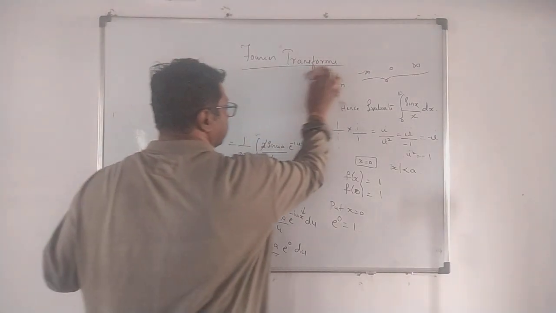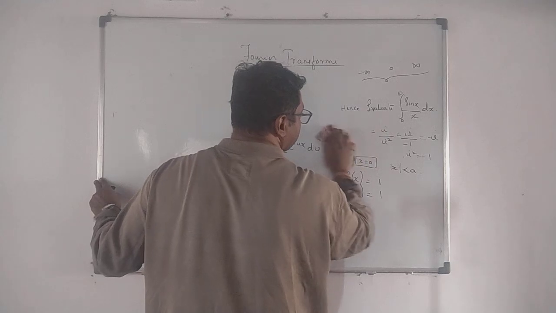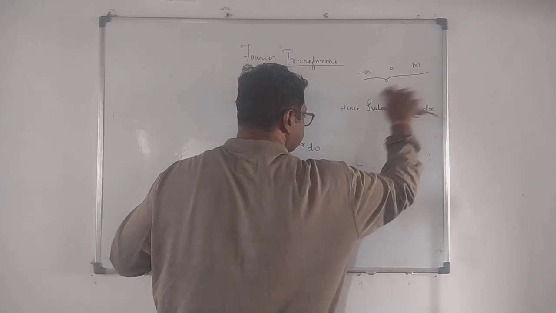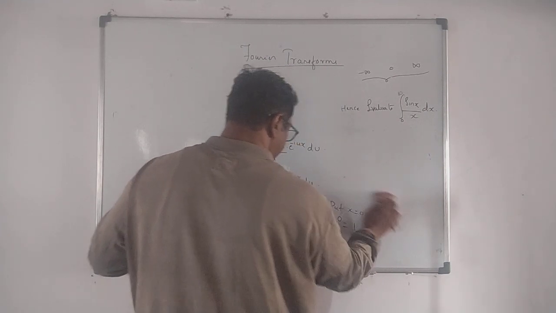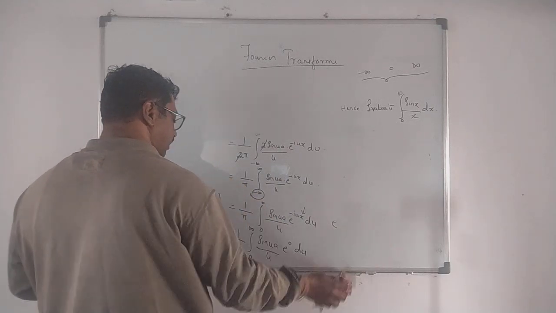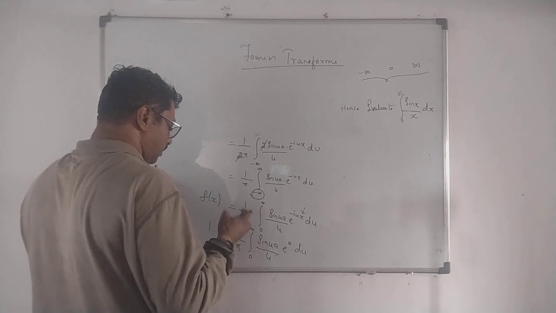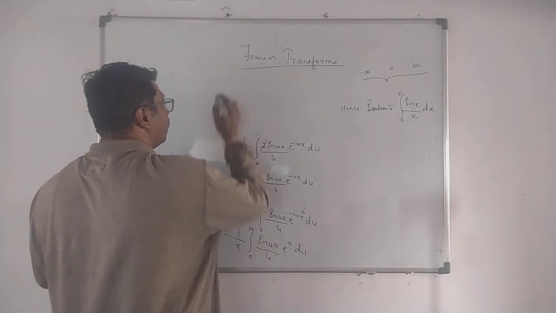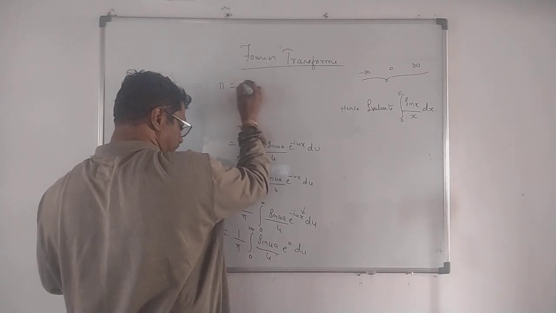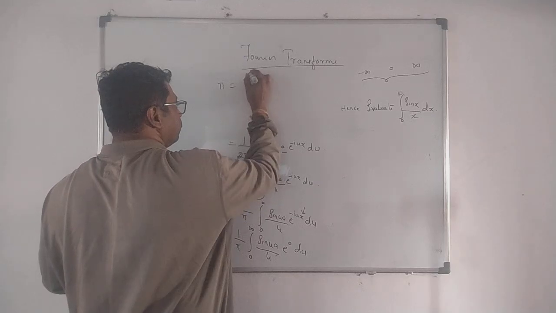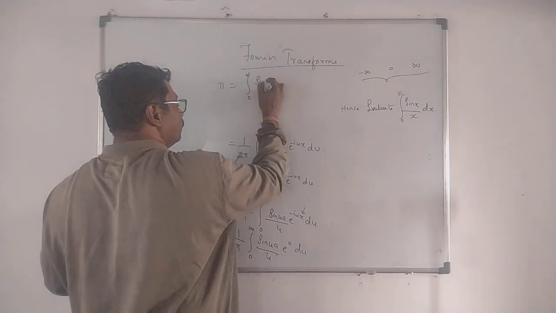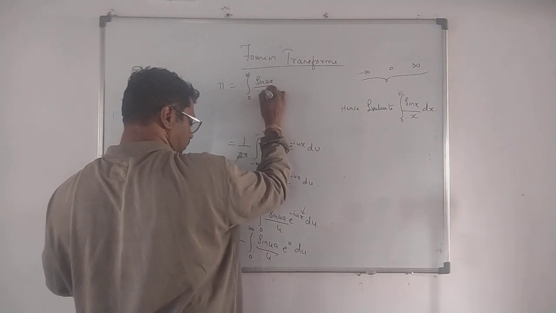The next step is very easy. We have to evaluate this term. What is the answer? So now, take this pi up: pi is equal to the integral from 0 to infinity of sin u by u du.